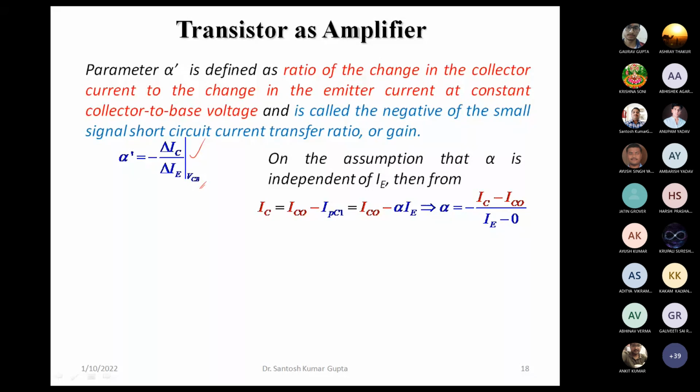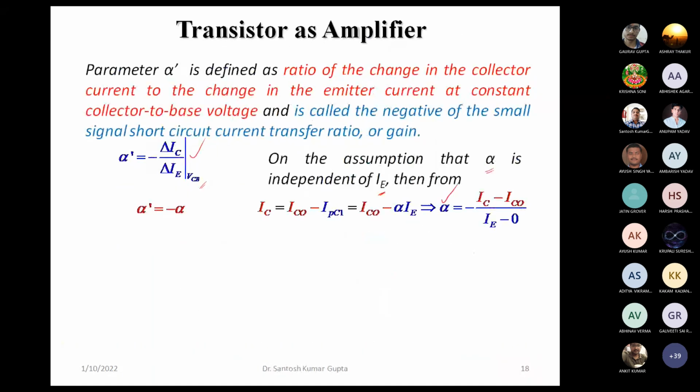Alpha depends on something happening inside the base due to recombination. For most cases, we can assume that this alpha is independent of IE, and we can define alpha like this, which we have already seen.